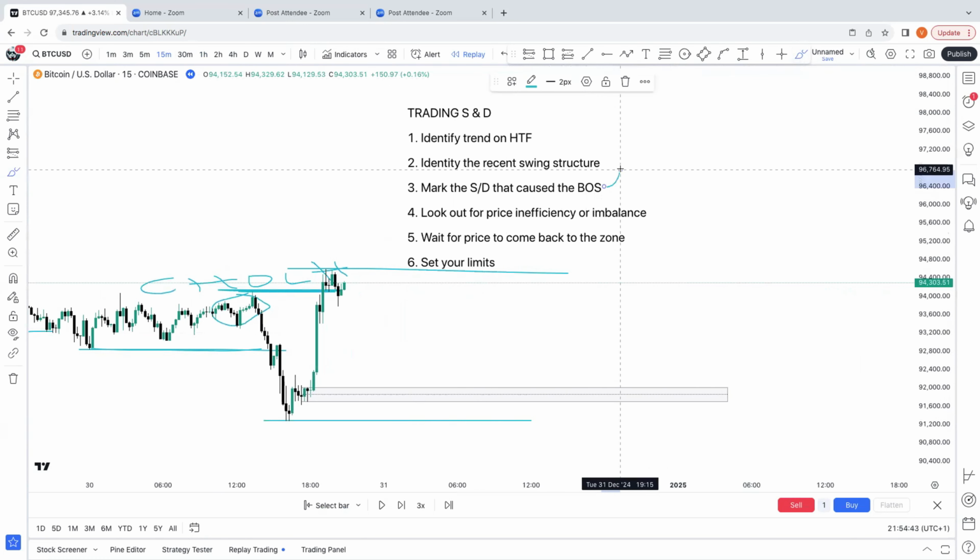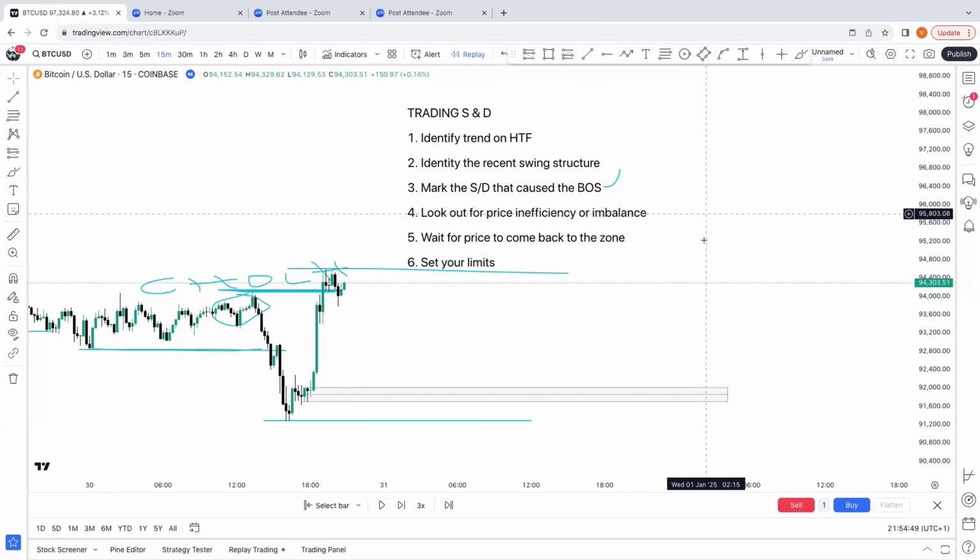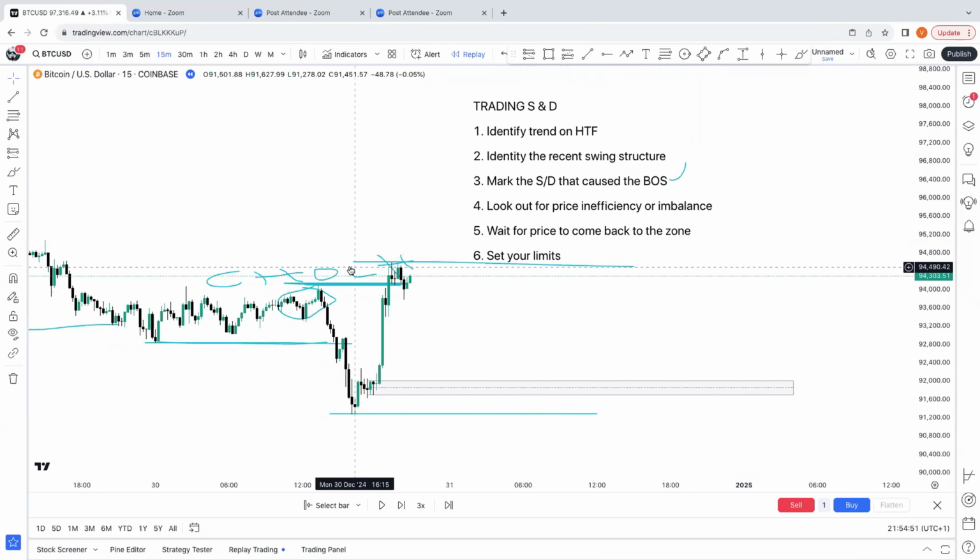So our third requirement has been met. Number 4 is look out for price inefficiency or imbalance. Now, is there an imbalance or price inefficiency? The reason price inefficiency is important when you're considering your supply and demand zone is that when there's an imbalance, it means the buyer or the seller aggressively pushed price.